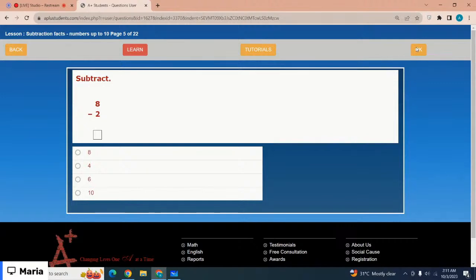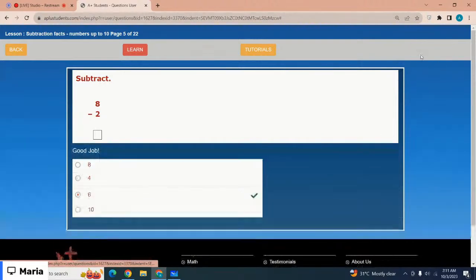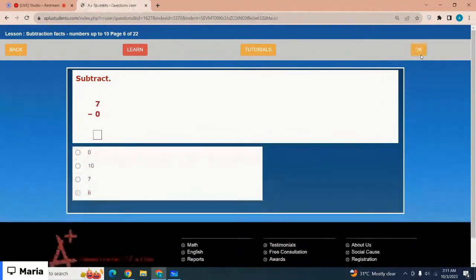The correct option is 8 take away 2 equals 6. So the correct option is 6, right? Seven take away 0. So 7 take away 0 is, very good. Subtracting 0 from a number means the number remains the same, right? So 7 take away 0 is 7. Very good.